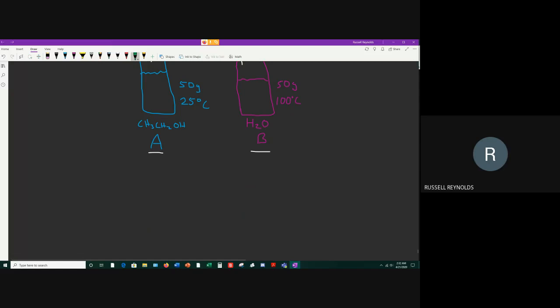So M of V is 50 grams because that's our mass. So our mass is 50 grams for A. So we'll have 50 times S, and so the specific heat for ethanol is 2.46 joules over grams times Celsius.